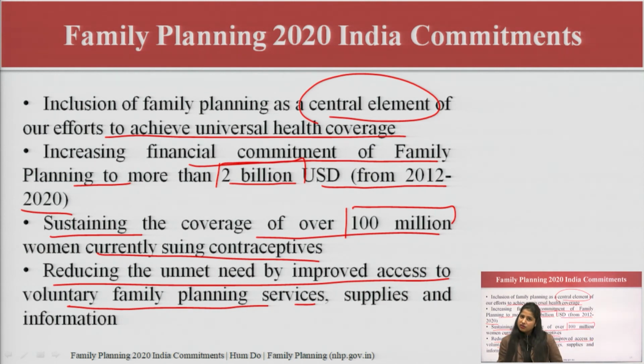And why are they not using it? There are many reasons, maybe they are not able to access it. So we want to reduce the unmet need by improving access to voluntary family planning services, supplies or equipment, and information regarding it.